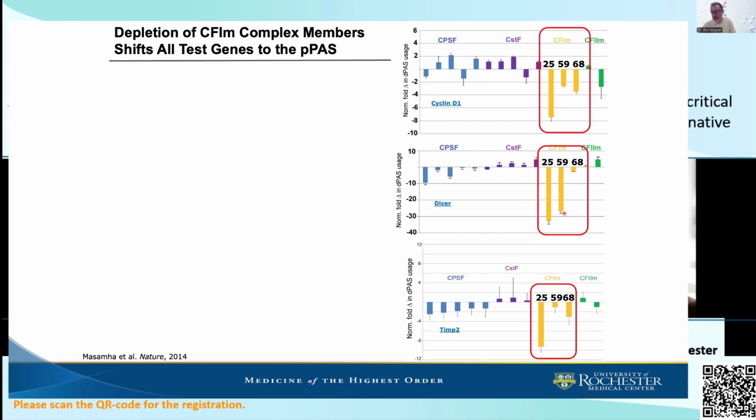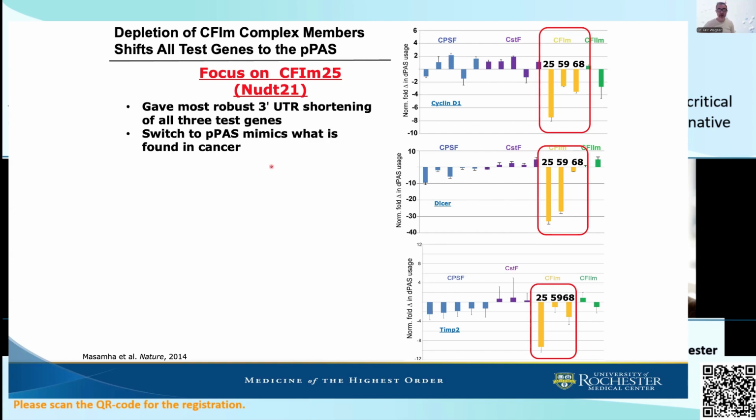And among the 3 subunits, the smallest one, CF25, came in first place. So we decided to focus on that protein CF25, and I want to note it's encoded by the gene NUDT21, so I'll use those interchangeably. And we focused on this again because it gave the most robust 3' shortening events.